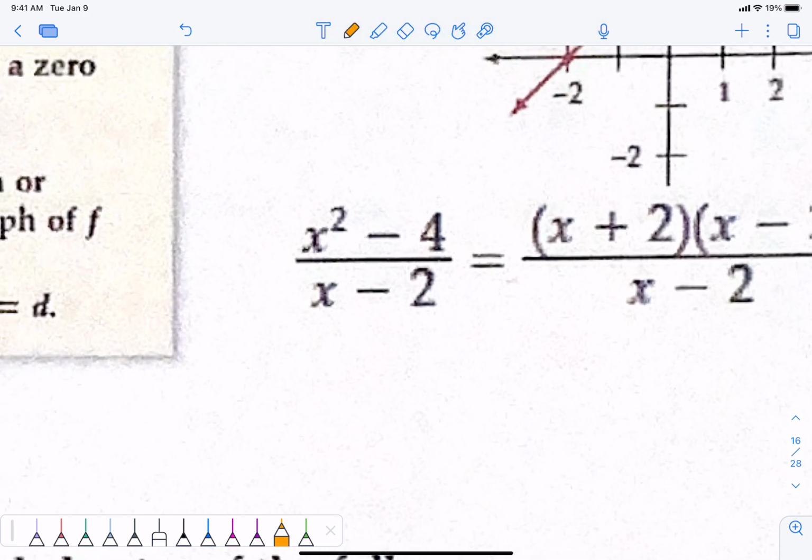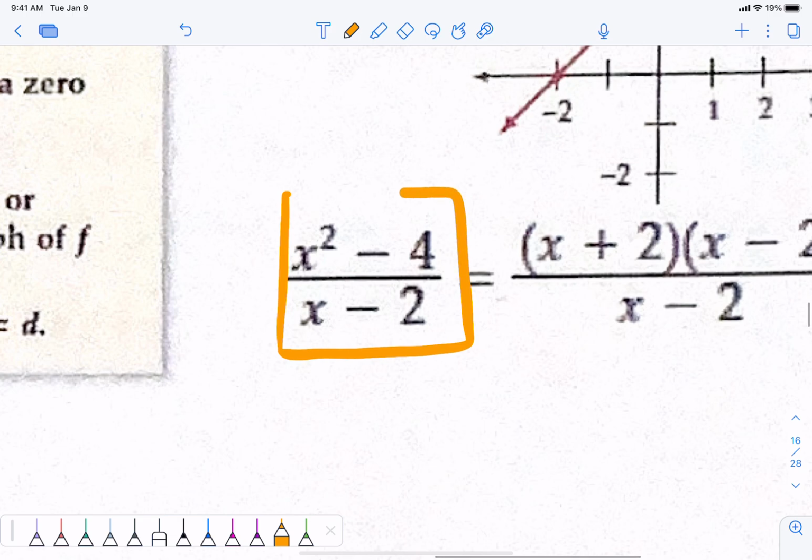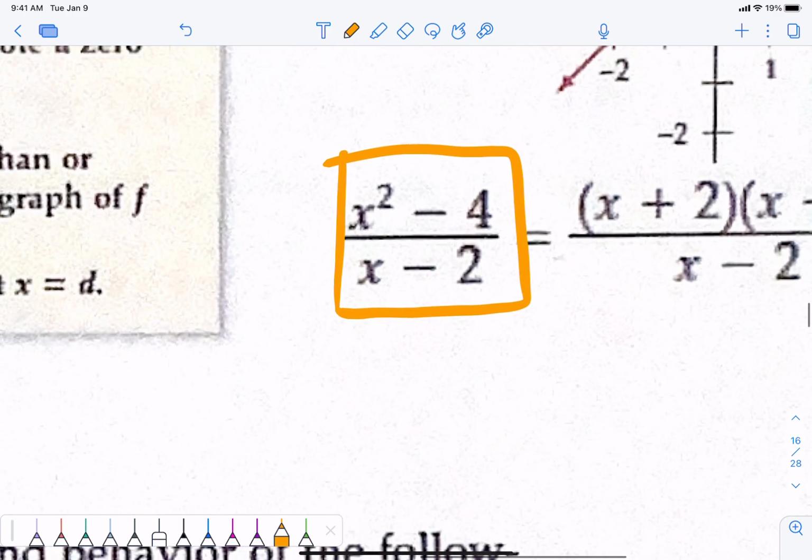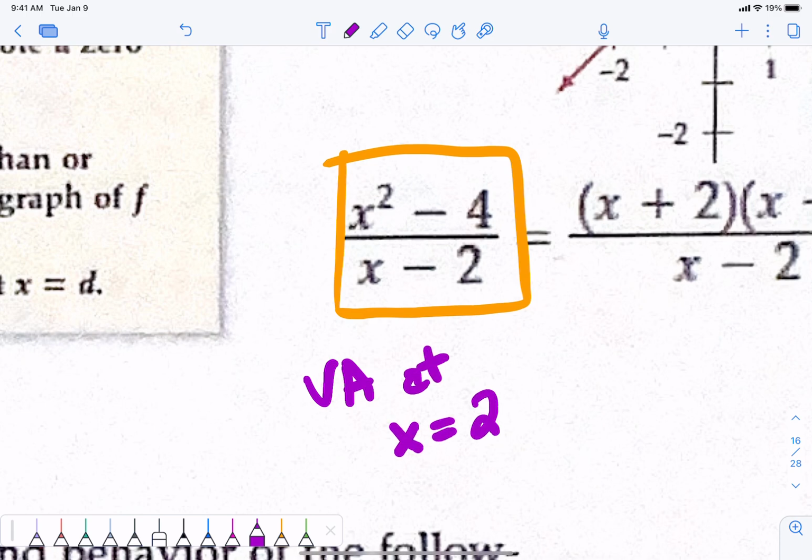Okay, so here's the deal. Let's take a look at this function right here. It's off to the side of that whole box. This is what holes are. These get disguised as vertical asymptotes all the time, but they are not. So here's the deal. X squared minus 4 over x minus 2. It looks as though we have a VA at x equals 2 because of this.